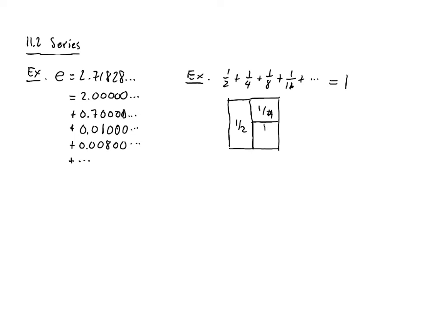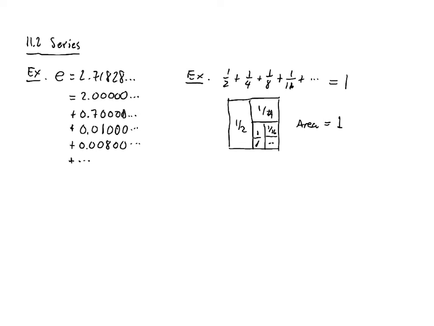If we cut the remainder of that in half, one of those pieces has area 1/8. Cut that remaining bit in half, one of the pieces has area 1/16. If you do this process forever, you end up adding up all the pieces of area inside this unit square, which has area equal to 1.